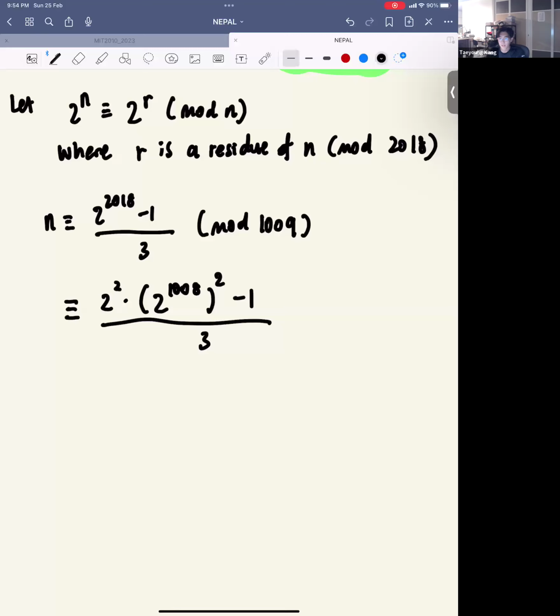So 2 to the power of 1008 is congruent to 1 mod 1009. So this is congruent to (4 minus 1) divided by 3, which is congruent to 3 over 3 mod 1009, which is congruent to 1 mod 1009.